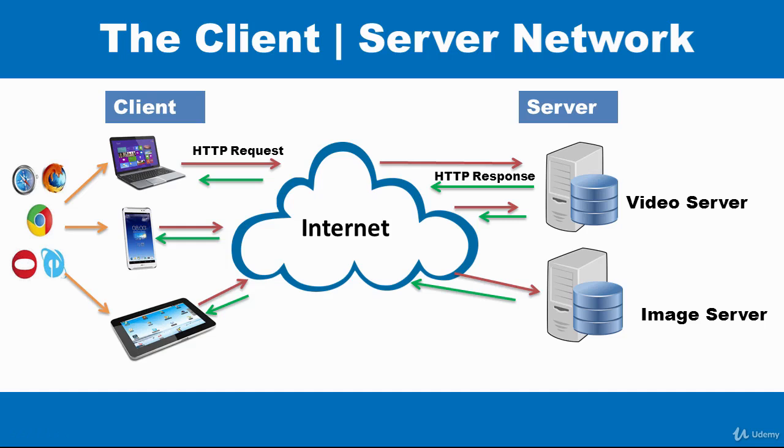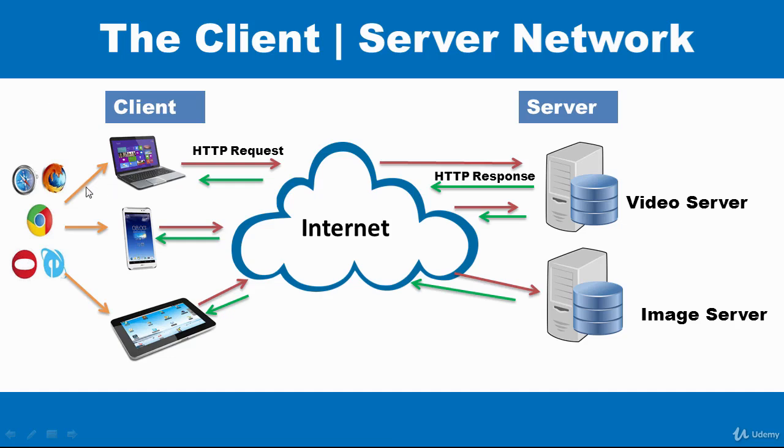Usually if you want to access a resource, say for example go to Facebook or Instagram, you'll be doing that via your web browser, and you'll be using a client, which could be a phone, your laptop, or your tablet. Say for example you wanted to watch a specific video on YouTube.